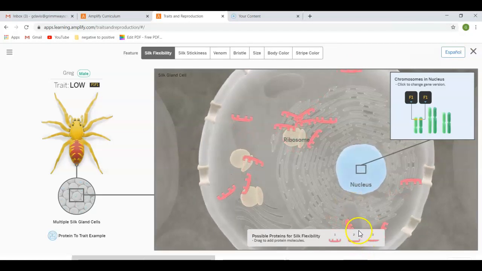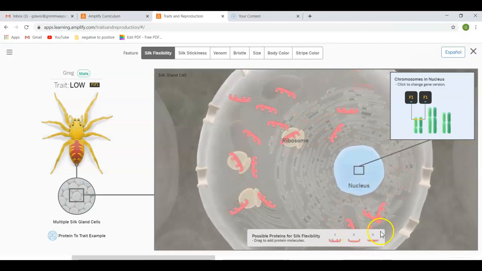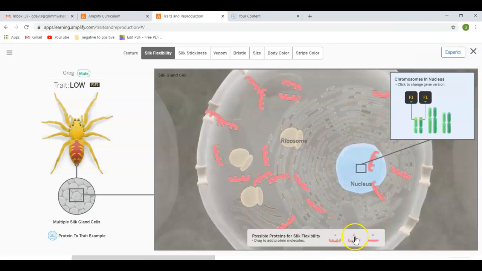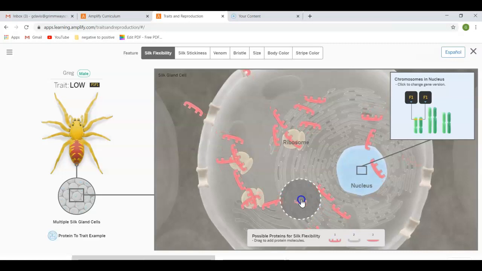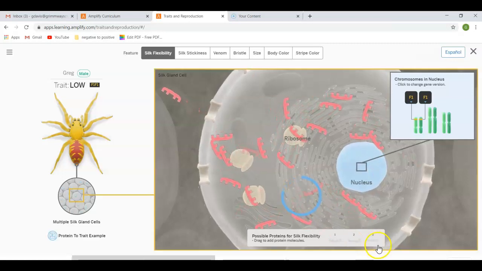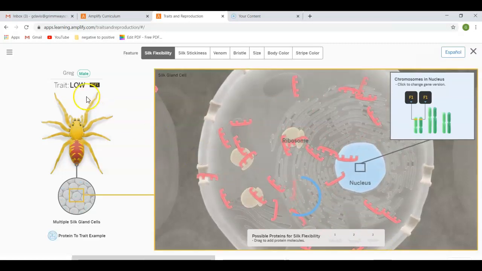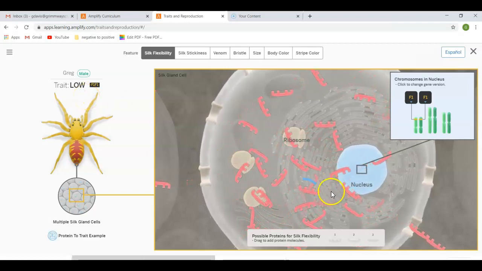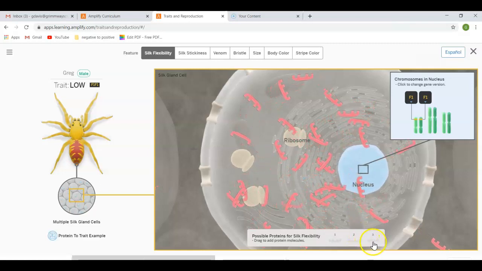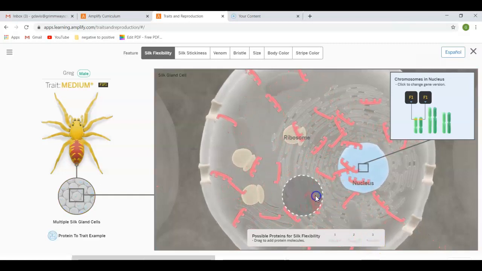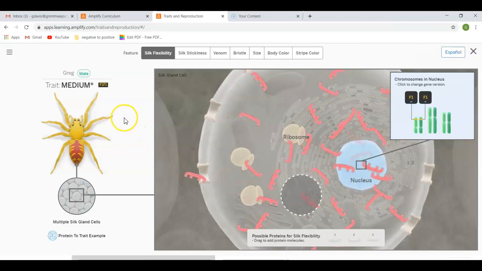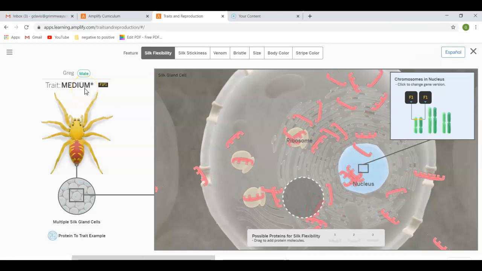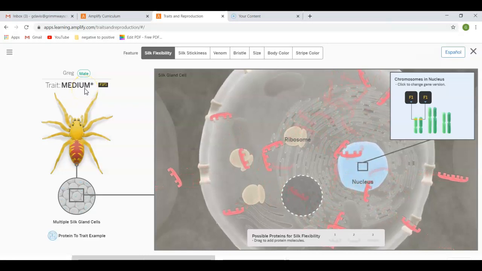So Zora produces a 2 protein and a 3 protein, so I need to add both of those to Greg. So let's see if it'll let me. So here's a 2. So he's producing a 2 now. Remember, he was at a low flexibility. Alright, they're still producing. I'm going to add the 1 in there. And now he's at a medium after I added the 2.